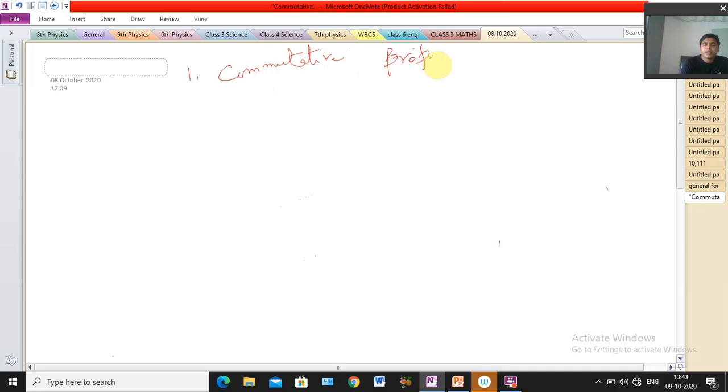Commutative property of multiplication. Okay, so commutative property, sir, see, if we take two variables x and y, we can write, because we are doing multiplication, x into y equal to, in the right hand side, y into x.